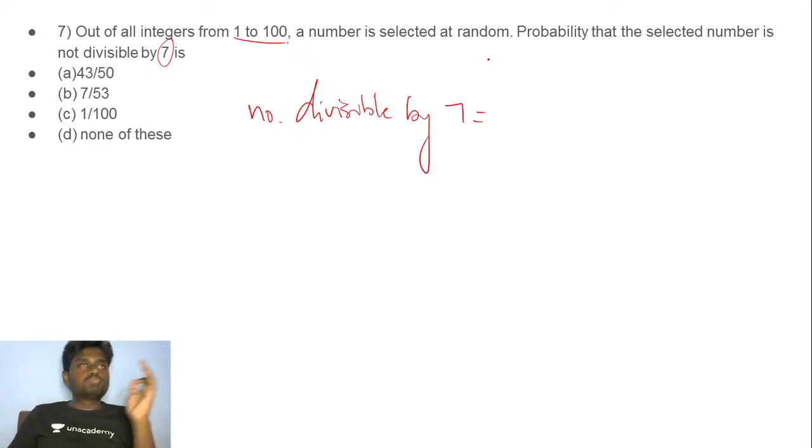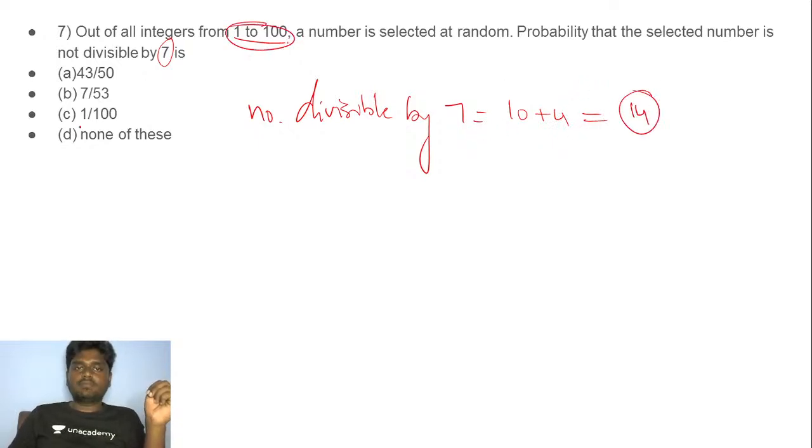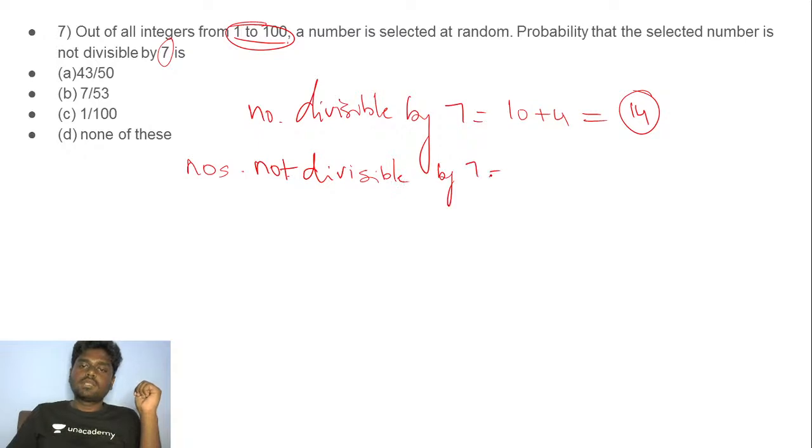From 1 to 70 you have 10, and then the next ones you have 4 more, right? So you have 14 numbers from 1 to 100 which are divisible by 7. If you exclude these 14 from 100, the numbers not divisible by 7 will be 100 minus 14. This will give you 86.